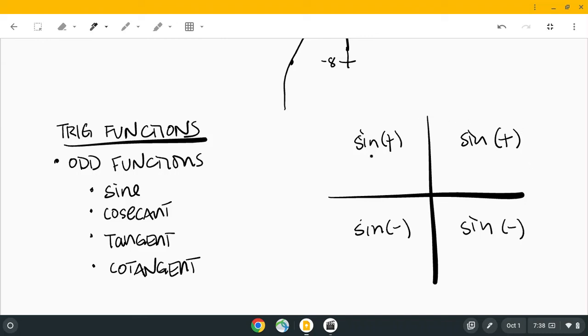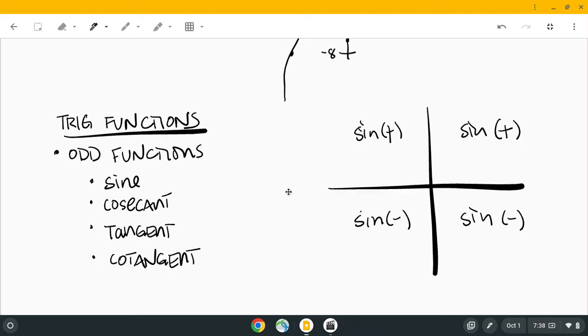And the same thing if I go to 150 degrees versus -150 degrees, here I'll get positive, but here I'll get negative. So we'll get opposite signs when we do sine of x versus sine of -x. And then, of course, the same logic applies to cosecant because cosecant is the reciprocal. And the logic applies to tangent because tangent is sine over cosine, right? All right, so that is it.